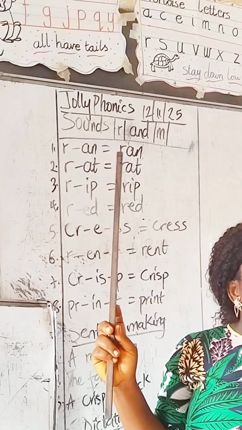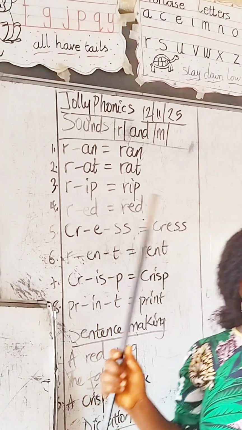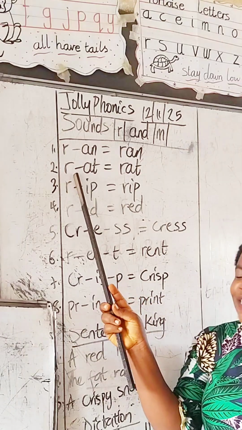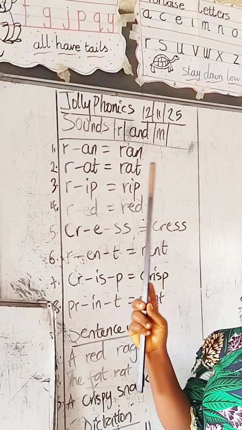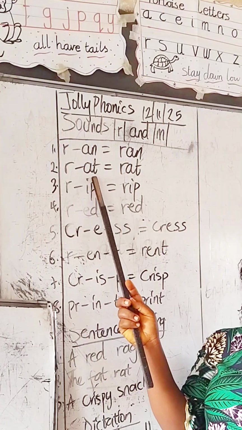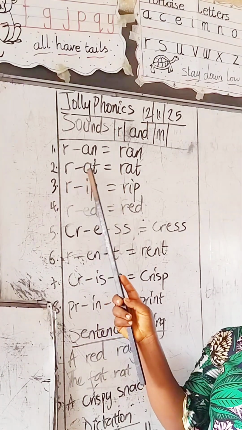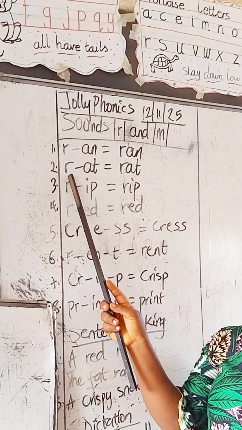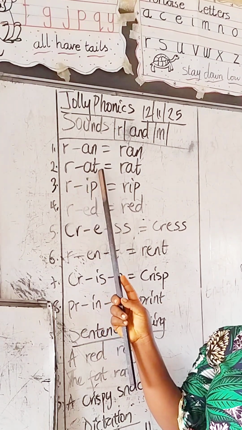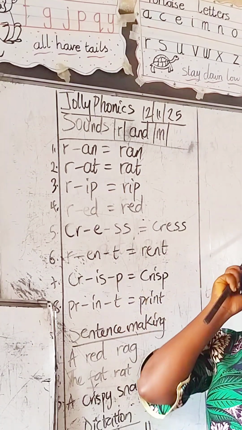Again. Very good. A sound clap. Now let's take the second one. You will take these two together. Okay? Let's go again. Put it together. Again. Very good.